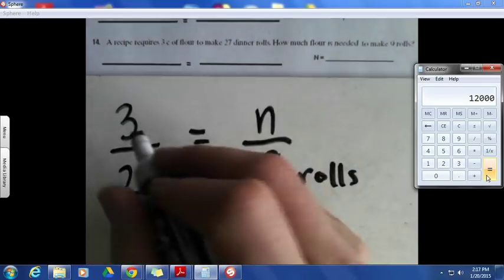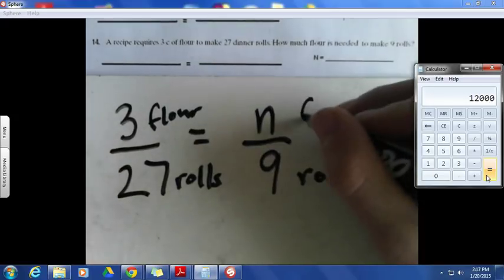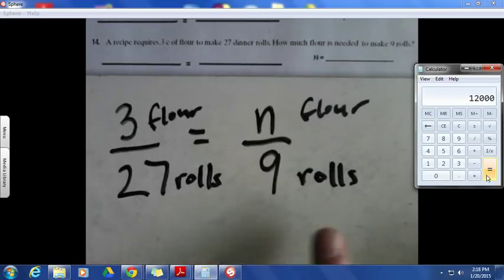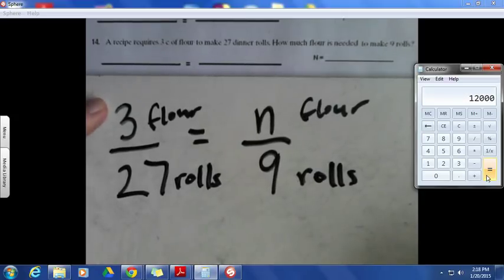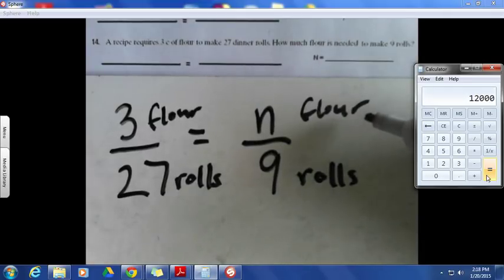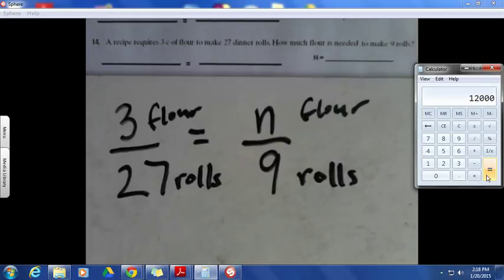The top number represents flour. So make sure that stays consistent. If the flour goes on top over here, the flour goes on top over here. If rolls goes on bottom over here, rolls goes on bottom over here.